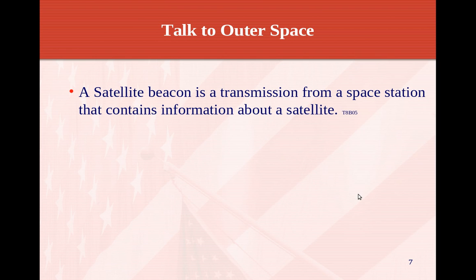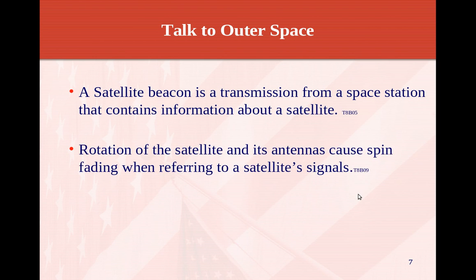A satellite beacon is the transmission from space stations that contains information about the satellite. Usually it'll be in a digital format, and it'll tell you things like the battery voltage, stuff about solar power, common information like that. That's transmitted on a beacon, along with its call sign.